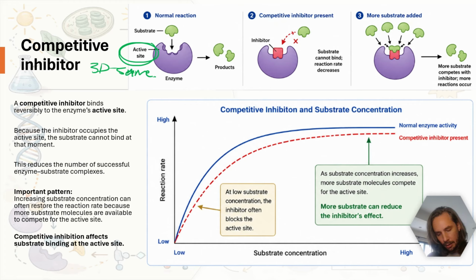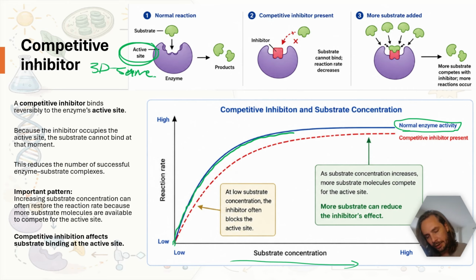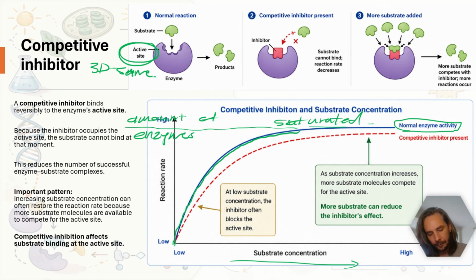Now, in normal enzyme activity, if I increase the substrate concentration, the reaction rate will increase up until a point until all the enzymes are saturated, because now the amount of enzymes is a limiting factor. Now, what happens with competitive inhibition?